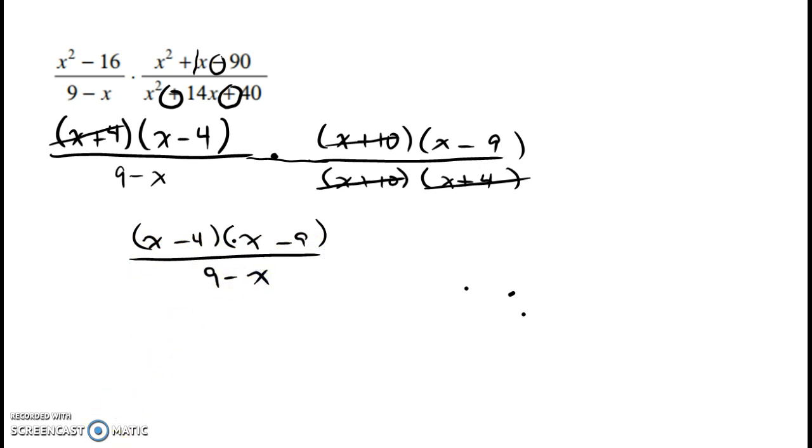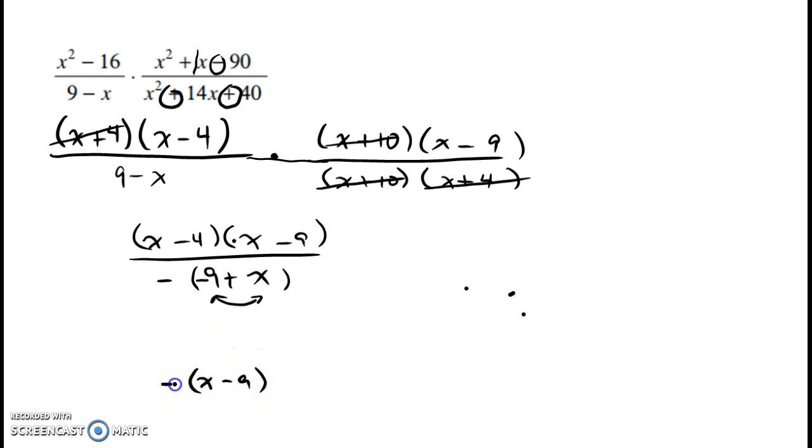Our next step is we are going to factor out a negative 1 here. If we take out a negative 1 from a positive 9, we have a negative 9. So I'm going to take out the negative 1. And if we take out a negative 1 from the negative x, we have a positive x. Now that we've done that, we can switch the x and the negative 9 around. So it's going to say x minus 9 in the denominator.